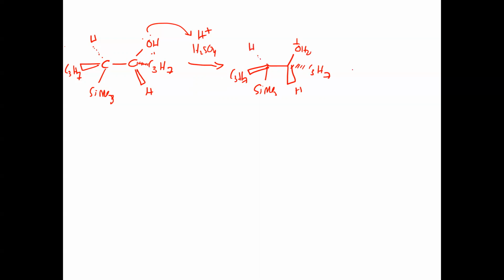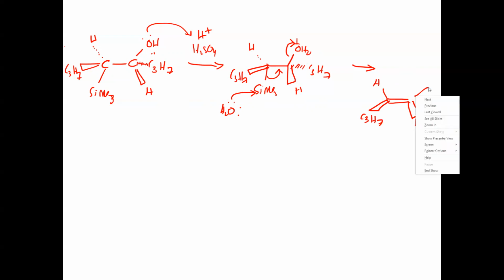Now, what happens is that water will attack this system, and this will go like this and it will go like that. As a result, we get an alkene. H is there, and here we have got C3H7 double bond, there is H here, and C3H7 here.